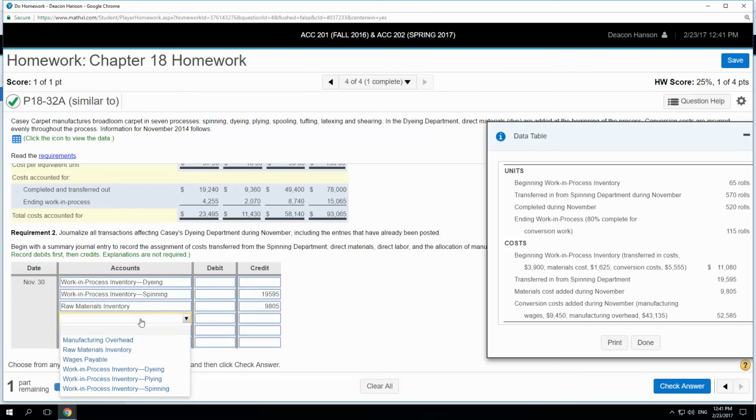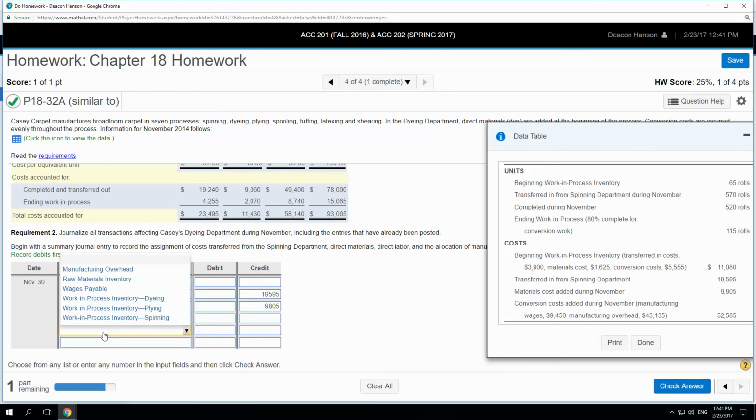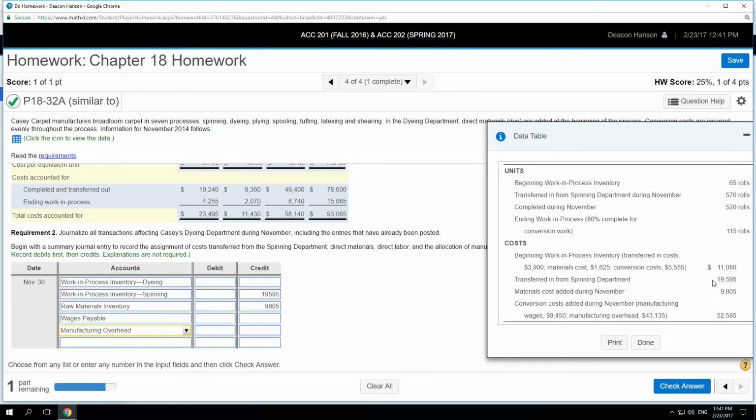Now you have to break your direct labor and overhead down. Over here it shows it to you in summary, but in parentheses they have it broken down. So my wages payable would be the manufacturing wages, 9,450, and my overhead would be 43,135.